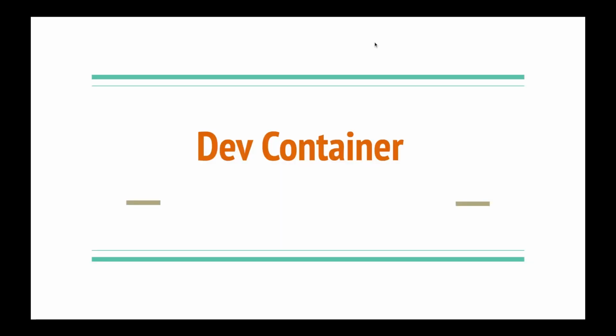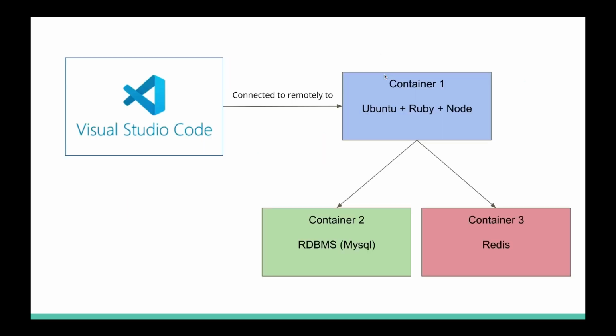Time to learn the last piece of this puzzle, dev container. It's also called remote container. What's that? It is something like this. Consider that we have this container. We have Ubuntu, Ruby, and Node installed on it. This container is actually connected to more containers, perhaps through Docker Compose.